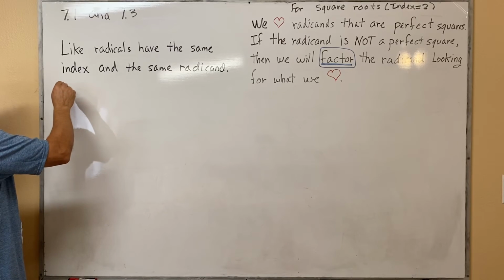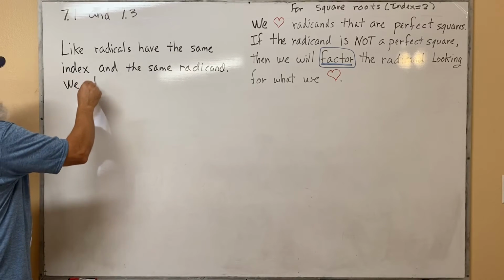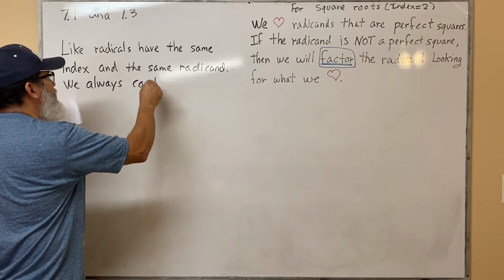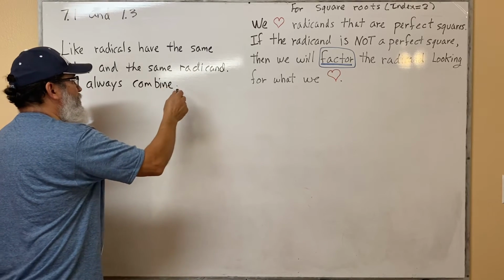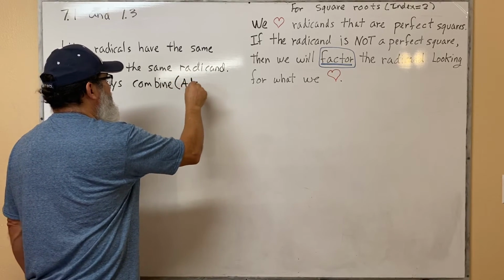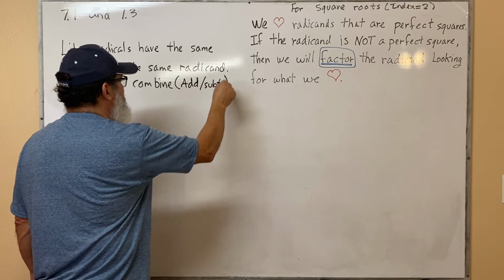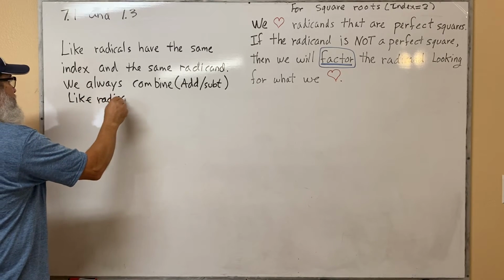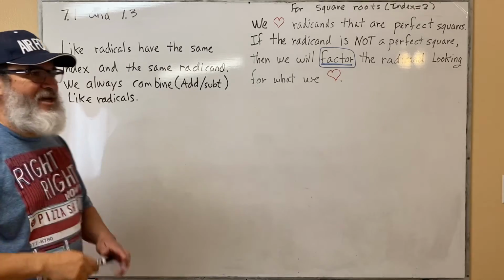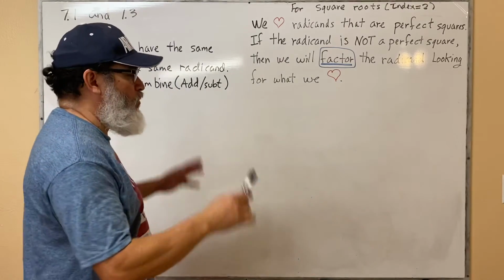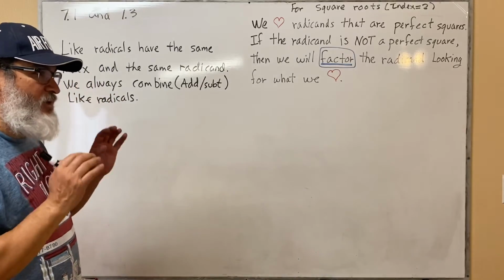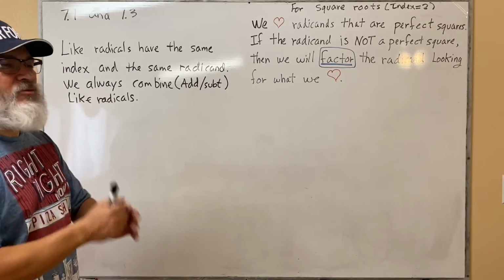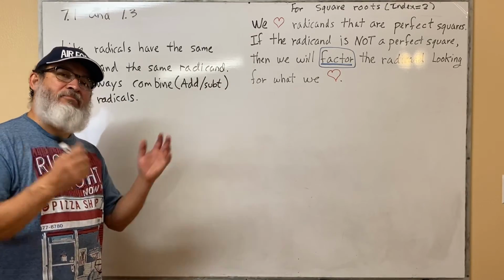Also, we always combine, that means add or subtract, like radicals. It's like adding like terms. We do the same thing with radicals. Whenever they are like radicals, we combine them, we put them together. We add them or subtract them, whatever we have to do to combine them.